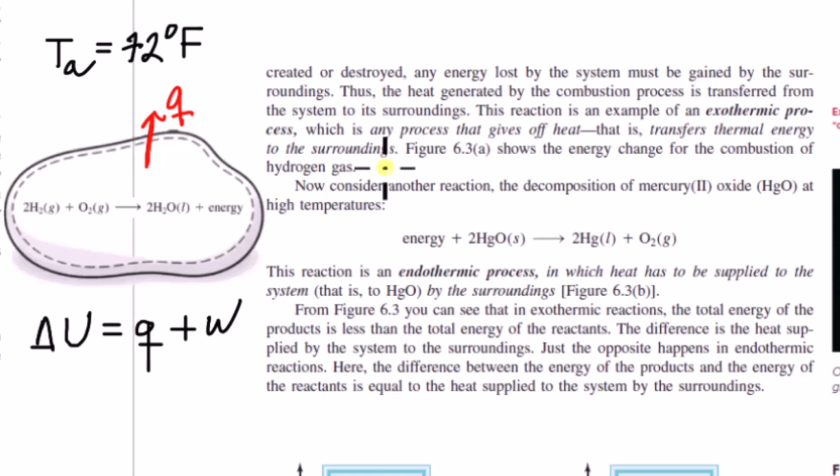Okay, now the opposite of an exothermic reaction is an endothermic reaction, in which heat has to be supplied to the system. And they give an example here of a chemical reaction that is endothermic. So going from reactants to products, heat is transferred into the system. That's why this reaction here is endothermic. Endothermic reactions can sometimes be a little bit confusing to think about at first.